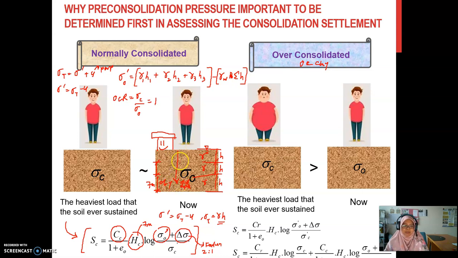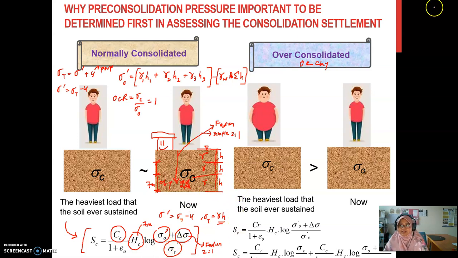We can choose to use the Fadum method, because you already learned about that, and you can also use the simple 2-to-1 method. Either one, in order to obtain the additional vertical stress. And not to forget, you need to include the effective pre-consolidation pressure.